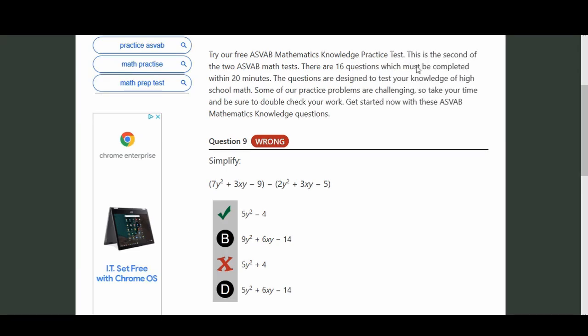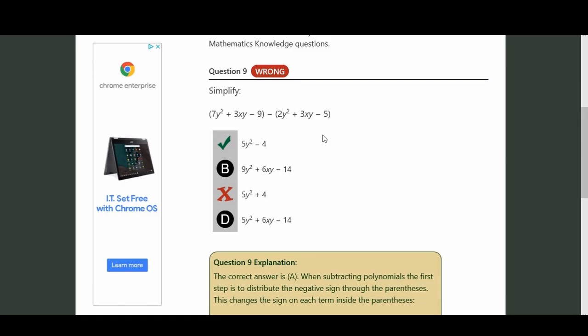Question 9 says 7y squared plus 3xy minus 9 minus 2y squared plus 3xy minus 5. So as you know, the first thing I like to do is to rewrite the problem. We have 7y squared plus 3xy minus 9 minus 2y squared, and I'm going to need more space. Let me rewrite that one.